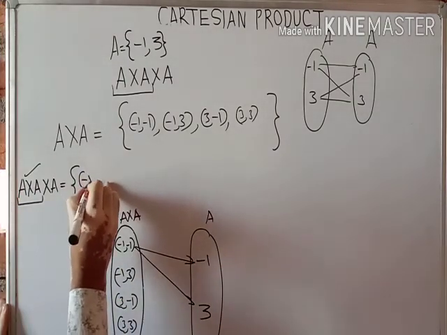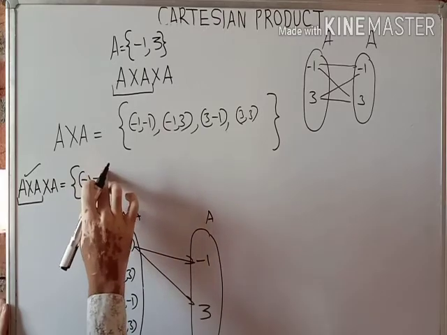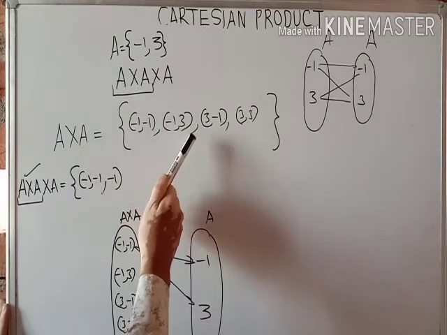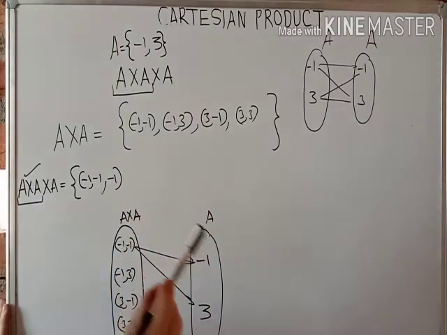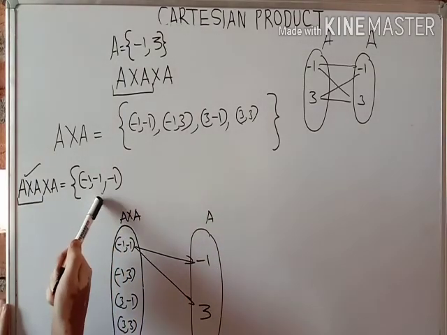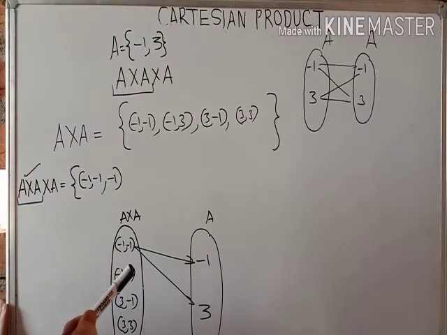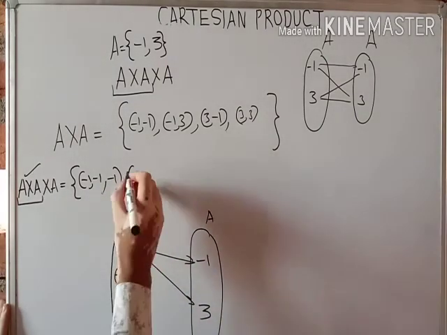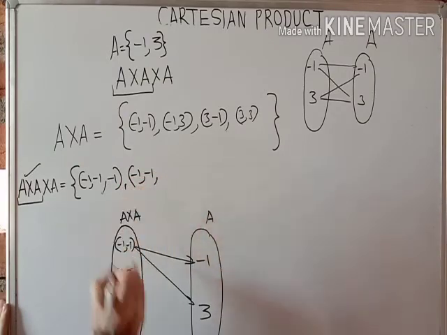I write (-1, -1), and in this set we were getting ordered pairs, and in this set we are getting ordered triplets. Minus 1 and 3.